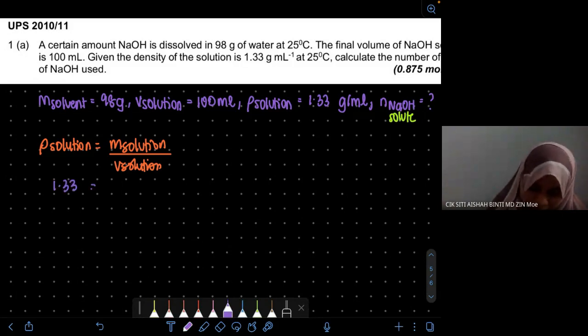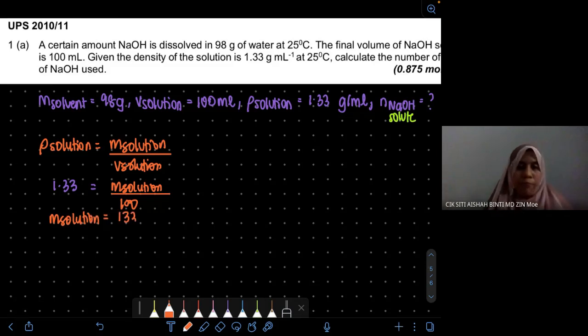Mass solution ni our unknown, and then divide by volume solution. So we do get our mass of solution is equal to 133 gram.